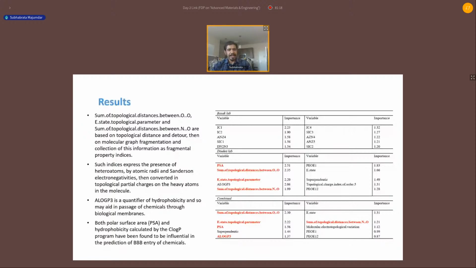Both of these things quantified by these descriptors, polar surface area and hydrophobicity, and also the C log P3, have been found to be influential in the prediction of blood-brain barrier. So that's also an indication that there is a heterogeneity among the importance of the descriptors in this data at least.